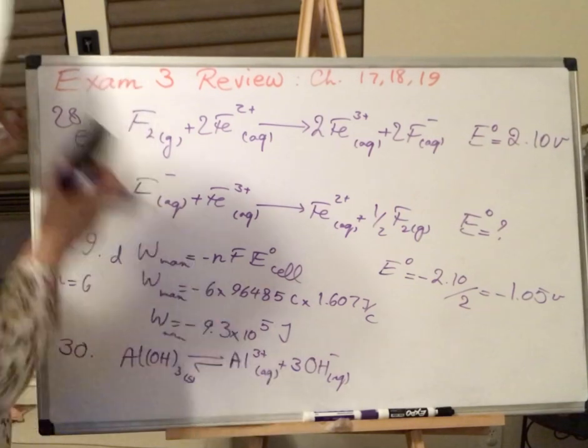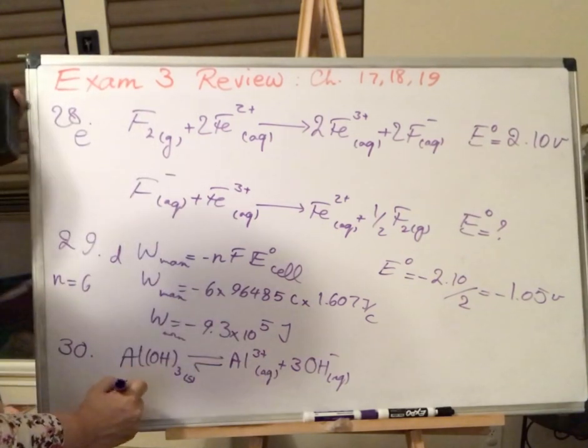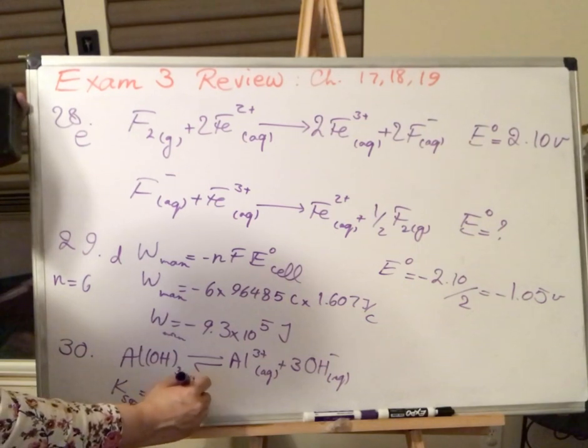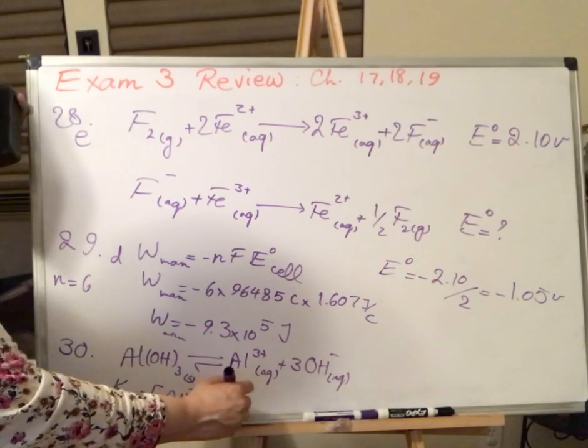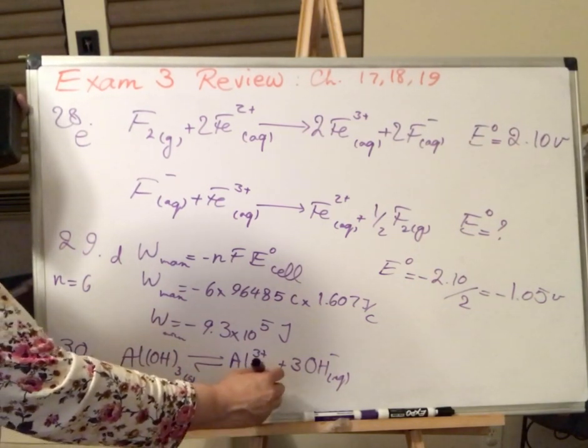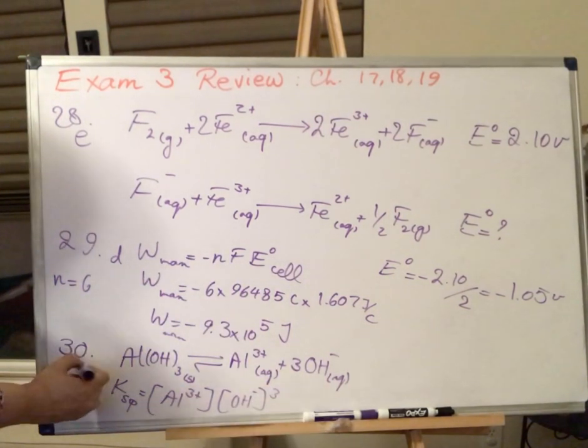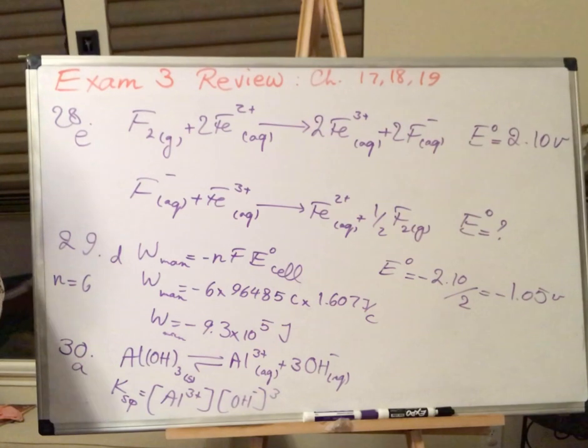So you will write down Ksp as concentration of Al. So which one is giving you the answer? A.